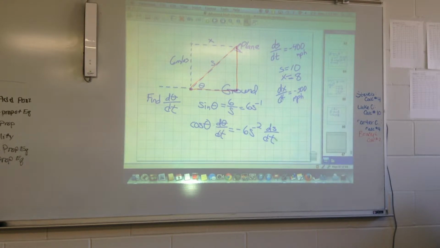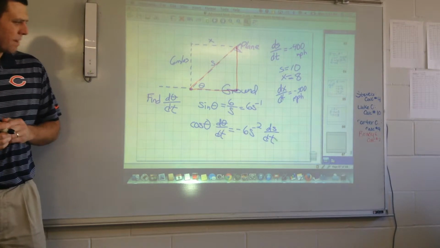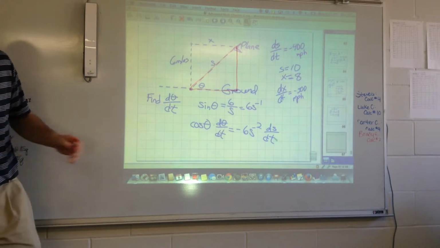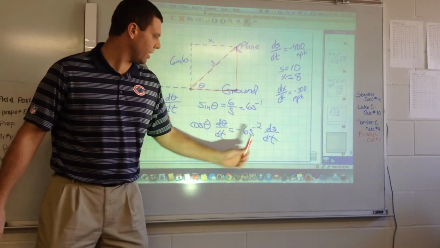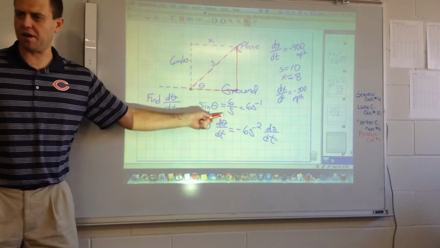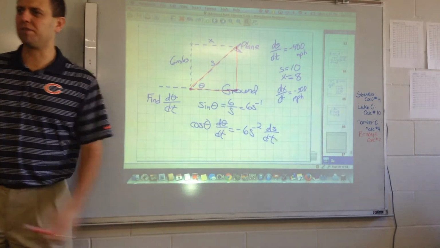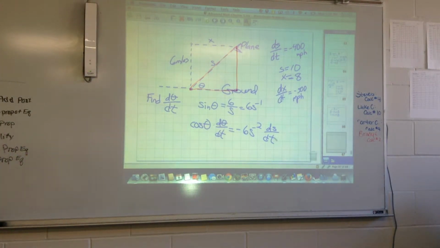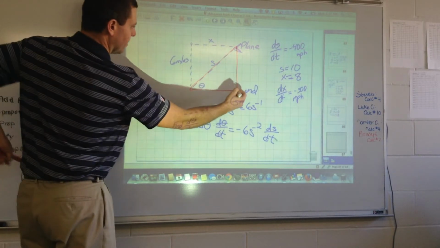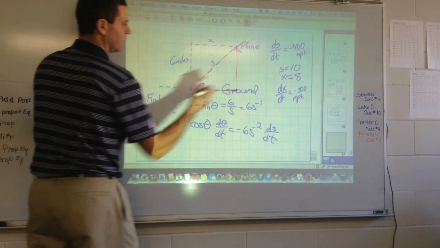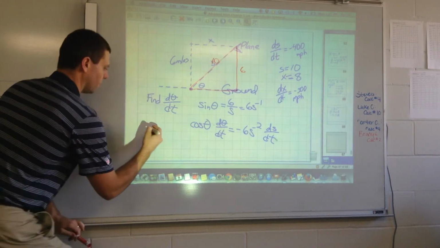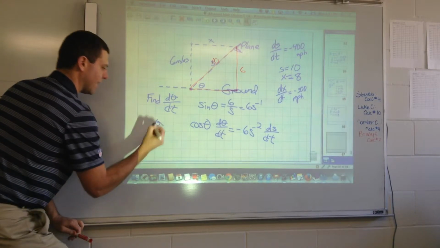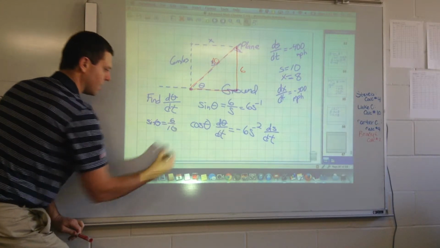Now, I'm not quite ready to just plug in numbers here. Yes, I know ds/dt, and yes, I know what s is. This is what I'm trying to figure out. I don't have theta yet, but I could definitely figure out theta, because at this very moment this was 6 and this was 10. So the sine of theta at this instance is 6 over 10.